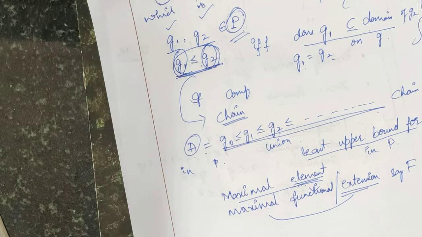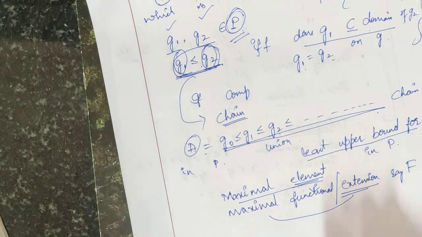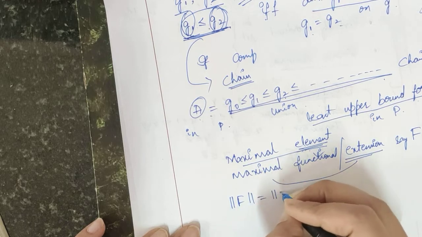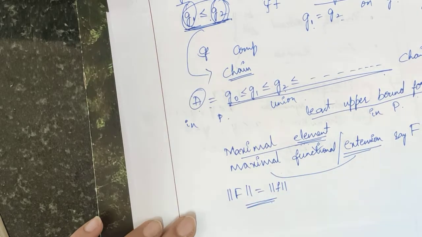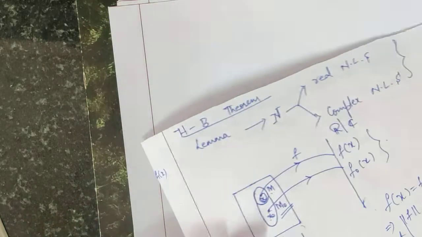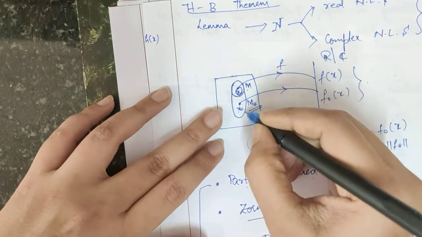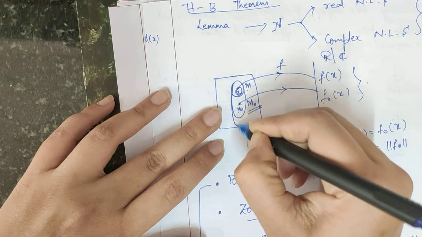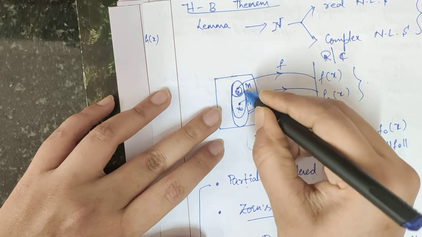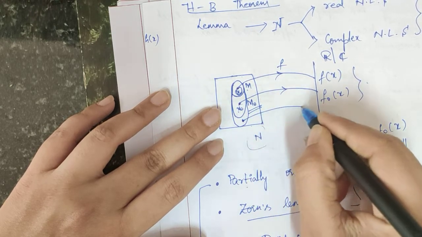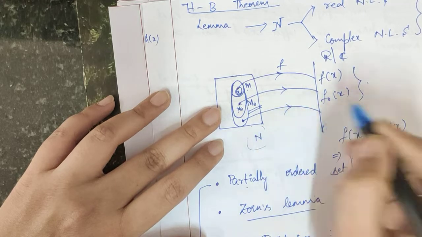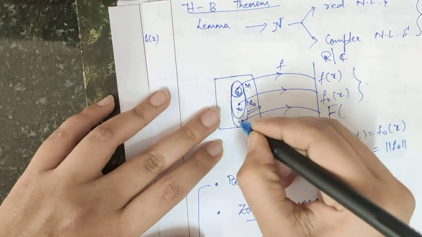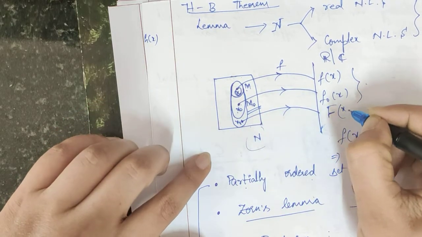So now if you use the previous lemma, you can say that norm f is equal to norm f naught, because here if I extend this whole space till n, obviously that will be your maximum extension, and we are calling that f of x1.